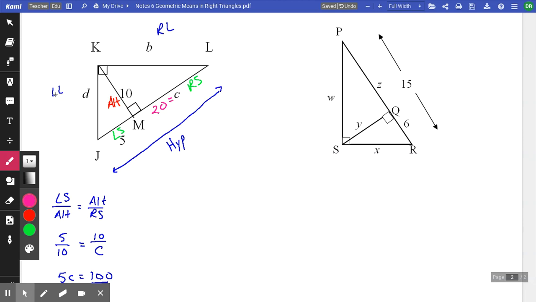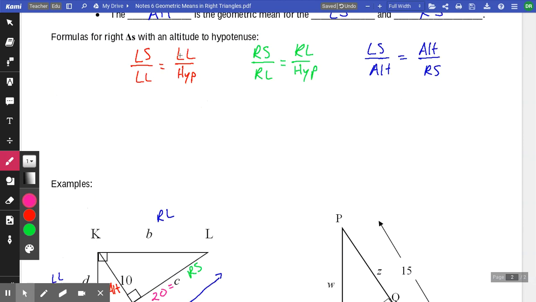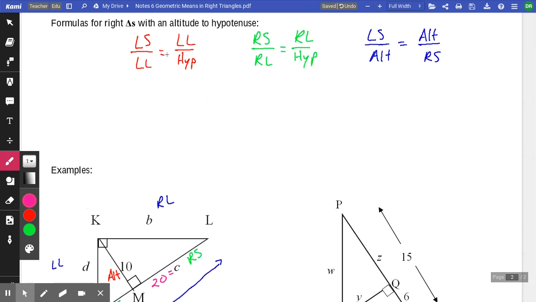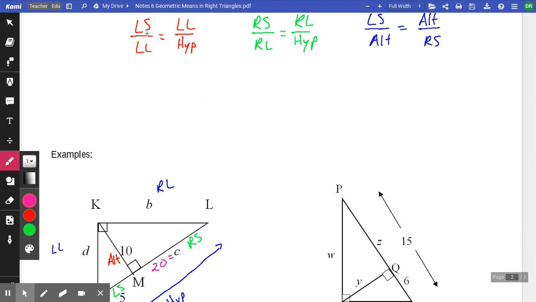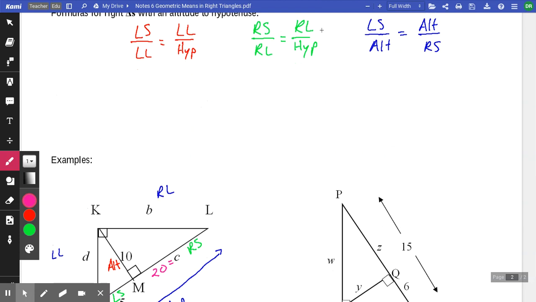Now, the left leg and the right leg each had their own formulas. You notice here, left leg was using this first proportion, and it involves the left segment, which we know. We were told that was 5, but it also says that we need to know the hypotenuse. And the same thing happens here. To find the right leg, we need the right segment, which we know is 20. We just found it. And the hypotenuse, which we weren't given.